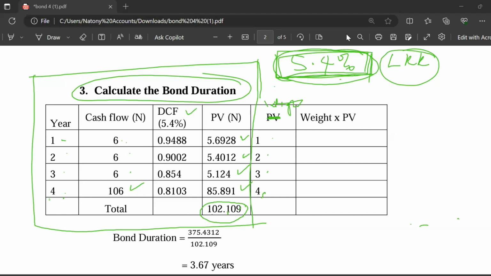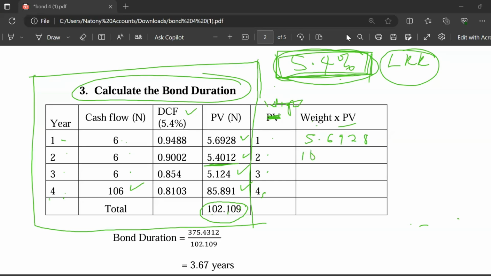So for the next columns, you just add only 2 columns. The first column you'll be adding will be the column for the weight. And the second column will be the column for the weight times the PV. So which will be 1 times 5.6928. So here we will remain at 5.6928. The second one will now be 5.4012 times 2.